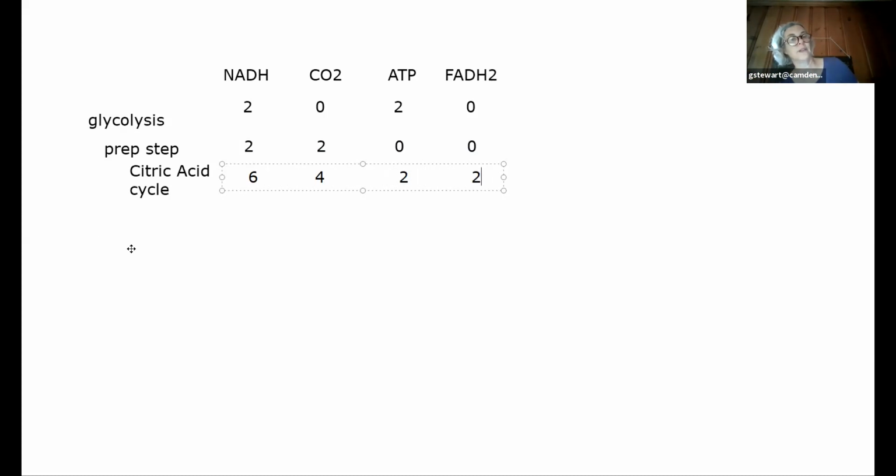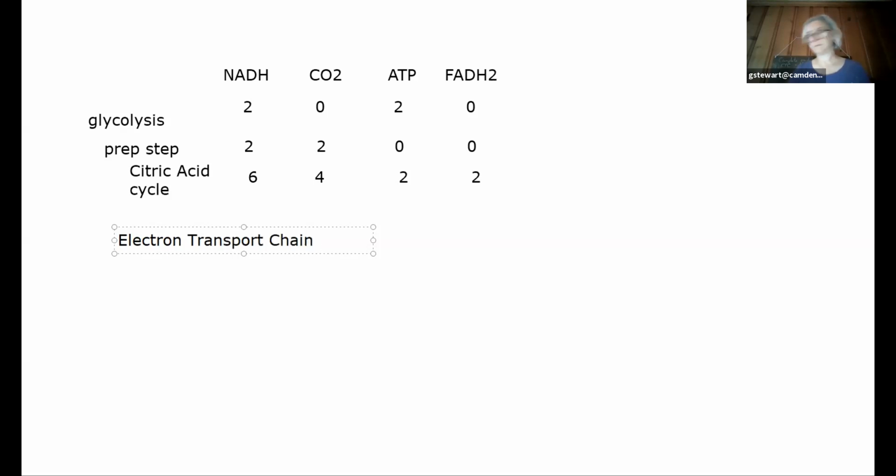Now, of course, the last step is the electron transport chain and the chemiosmotic coupling with the ATP synthase, right? So I guess I should have put electron transport chain plus oxygen plus ATP synthase.